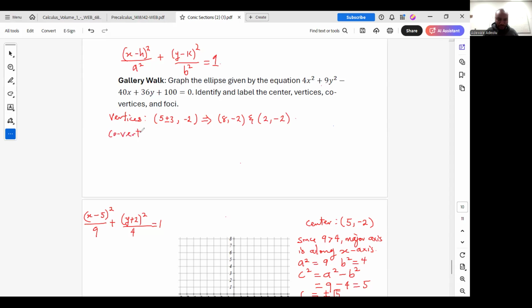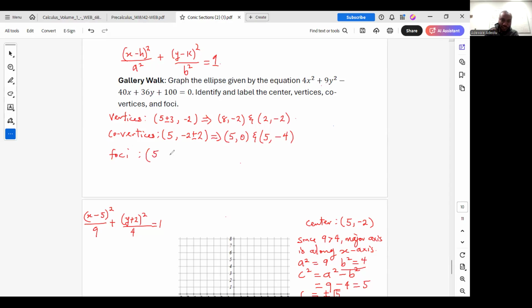Co-vertices. Again, we first account for the center. Our co-vertices will be along y. Since b squared is 4, b is 2, so that is plus or minus 2. That implies that we have 5, comma, negative 2 plus 2, which is 0, and 5, comma, negative 2 minus 2, that is negative 4. Foci.